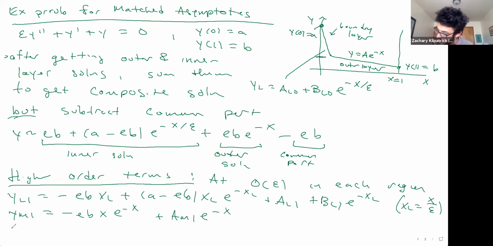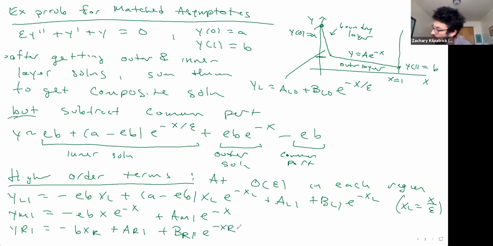And our right-hand solution is going to be minus B XR A R1 plus B R1 e to the minus XR.